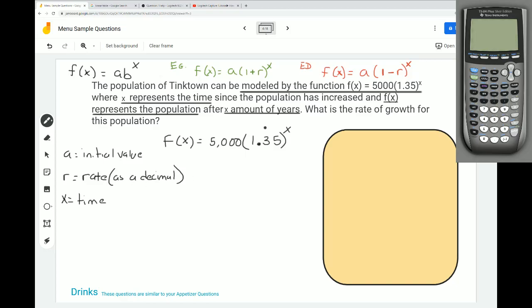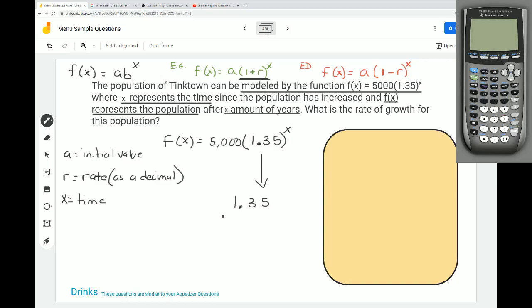So if we look at this equation, what they're asking us is, what is the rate of growth for the population? Now, if we look at the exponential growth function, we'll notice that the rate of growth is 1 plus r. So if we look at our b value, or the value inside the parentheses, we notice that this is 1.35.